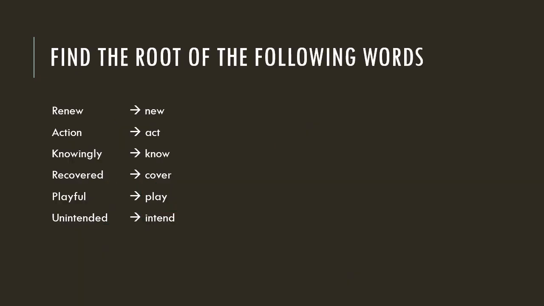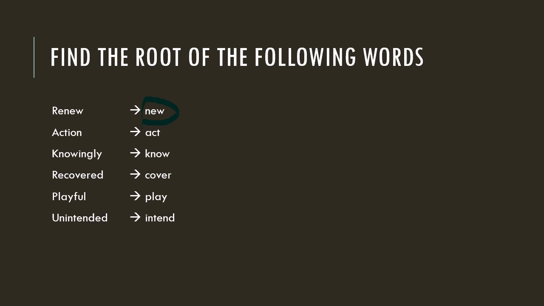And then let's try to find out the root of the following words. We have the words renew, action, knowingly, recover, playful, and unintended. I think it is quite easy for you to find out the root. You just need to remove all the affixes. The word renew, the root is new.